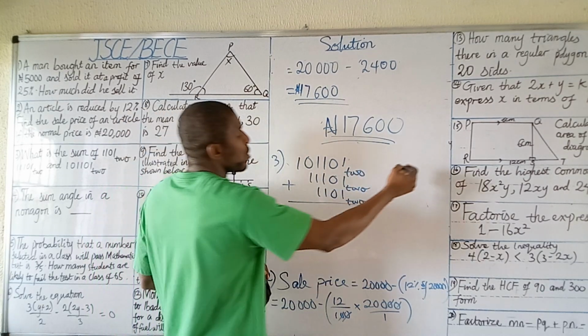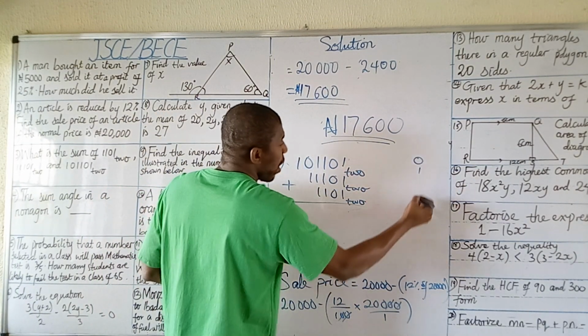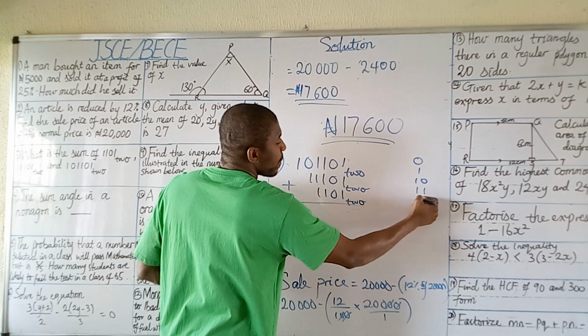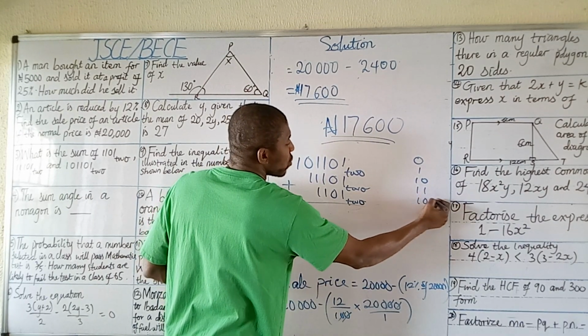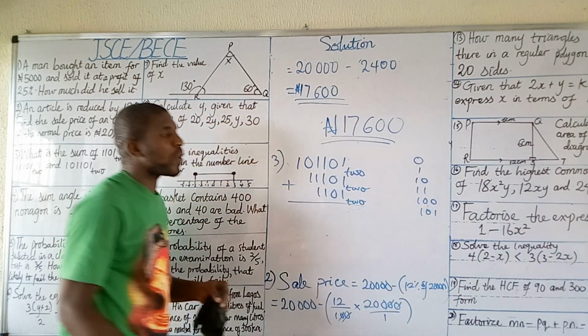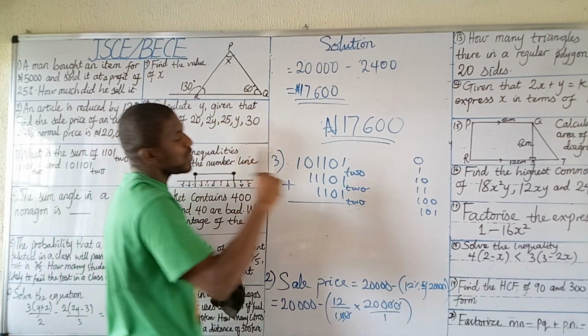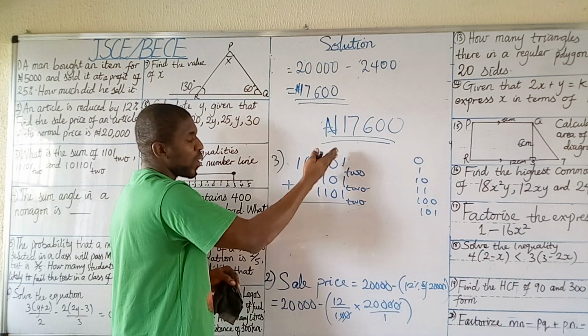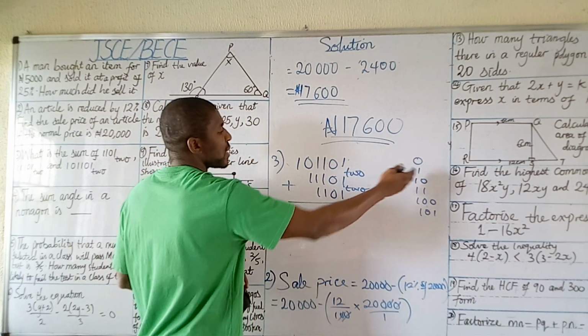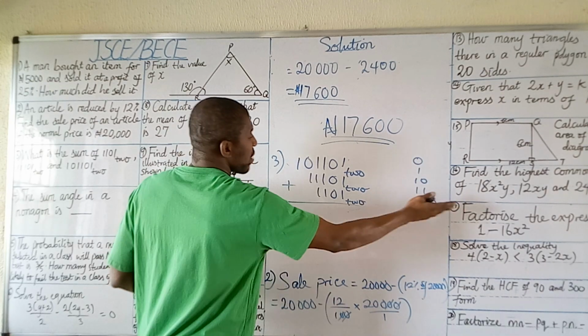Remember how it goes: 0, 1, then 10, 11. After 11 we have 100, then 101. Numbers that have two digits, 0 and 1, are the binary number system. So when you are adding, 1 plus 1 will give you 10, 10 plus 1 will give you 11, and 11 plus 1 will give you 100.